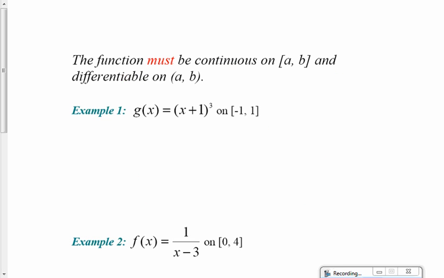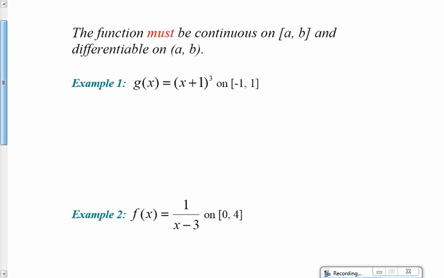All right, let's apply it. If it's continuous on the interval and differentiable on the open interval, and I guess the reason those are separate is that the curve needs to exist on a closed interval. It needs to have particular endpoints.